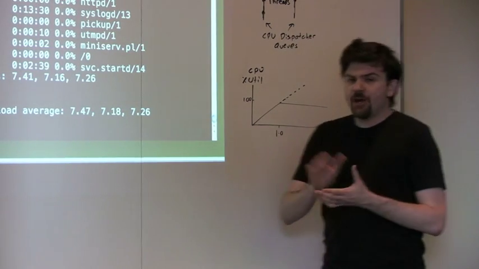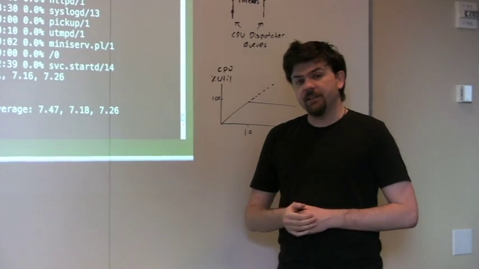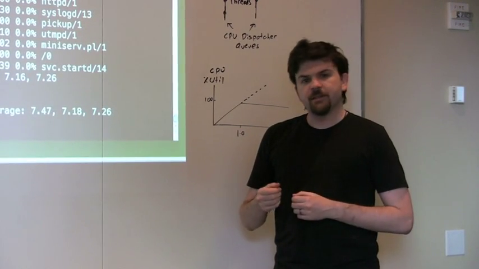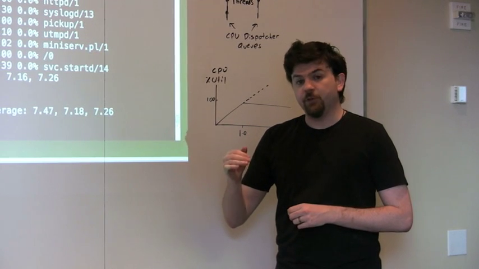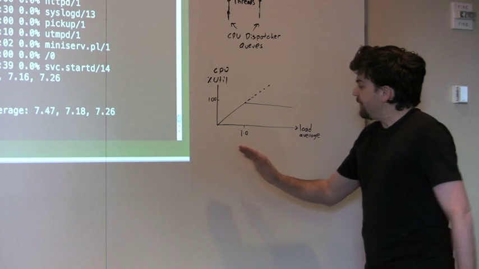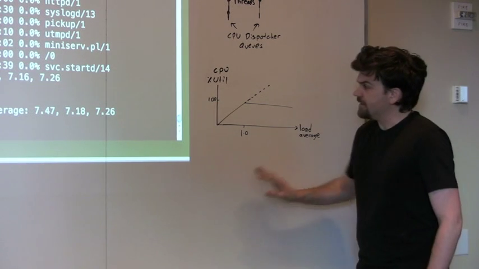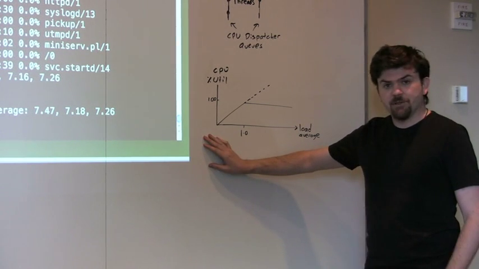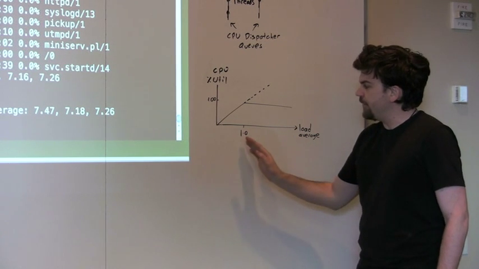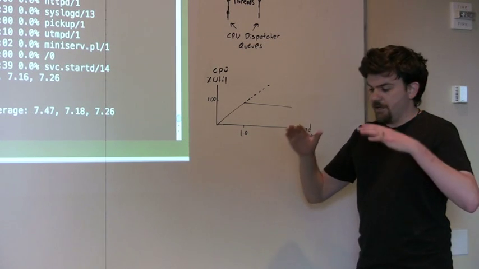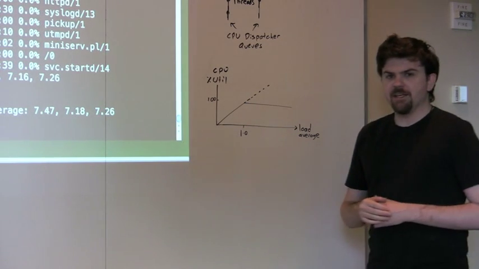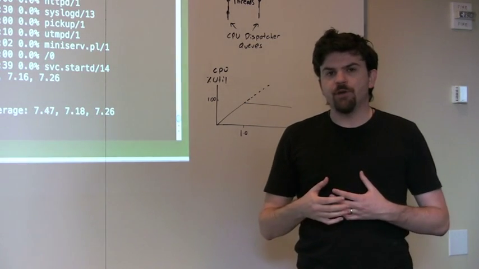So, to describe how this works quickly, consider a single CPU box. As you apply load to a single CPU box, that single CPU will have utilization that goes from 0 to 100%. I've drawn a graph here with load average on the x-axis and CPU utilization on the y-axis. The load average for that single CPU box will go from 0 to 1 as work is applied. Once you get to 100% CPU utilization, it can't process any more code at the same time.